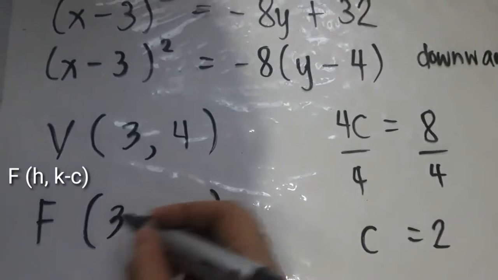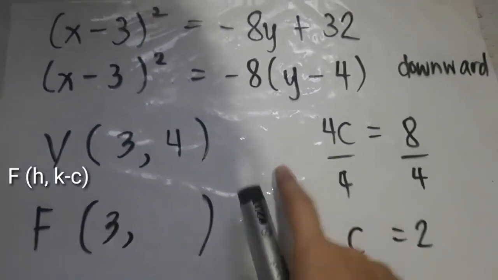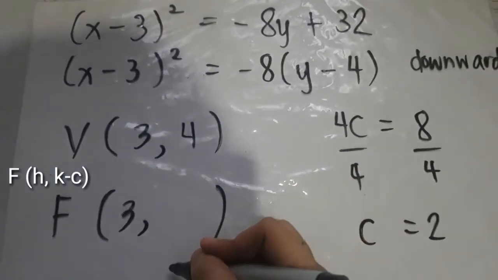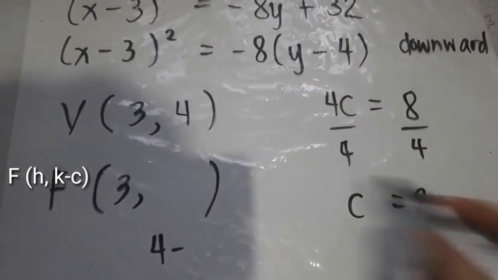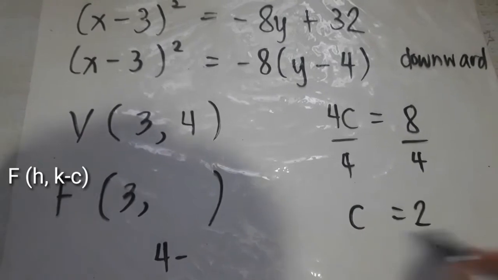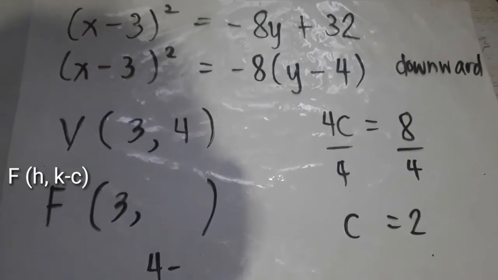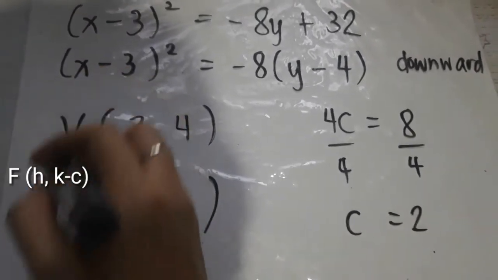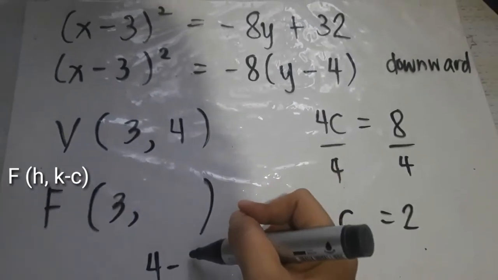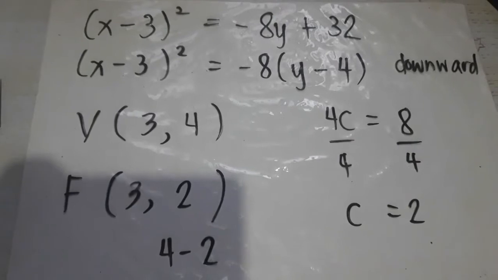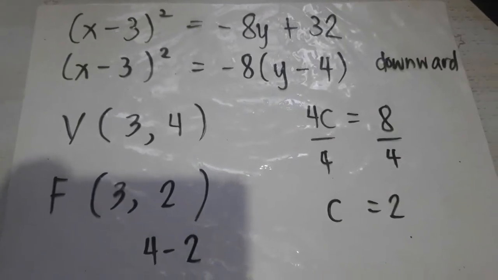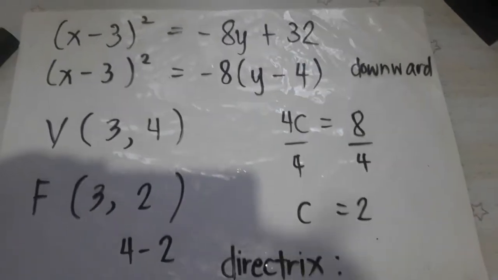So we copy 3, and then you have k minus c, because remember, c is the distance from the vertex to the focus. So that is 4 minus 2, we have 2. The vertex is (3, 4), and the focus is at (3, 2).